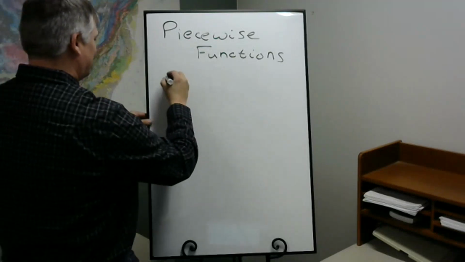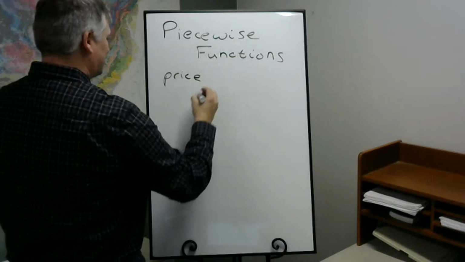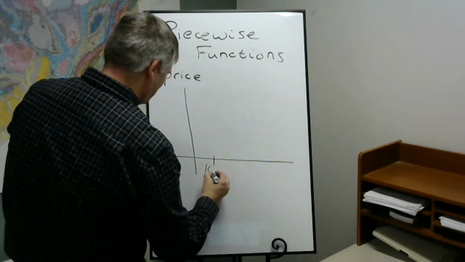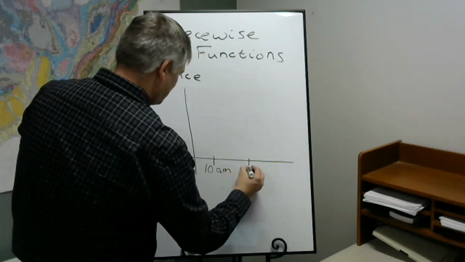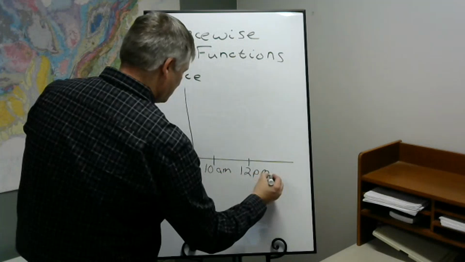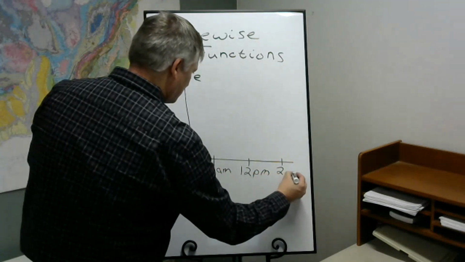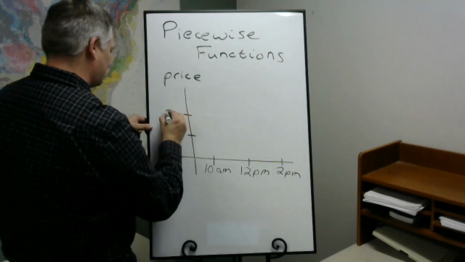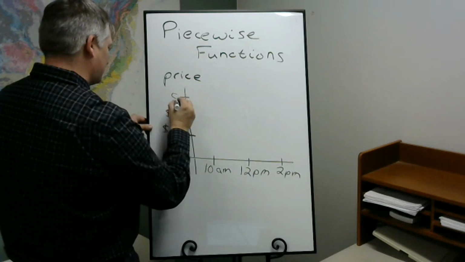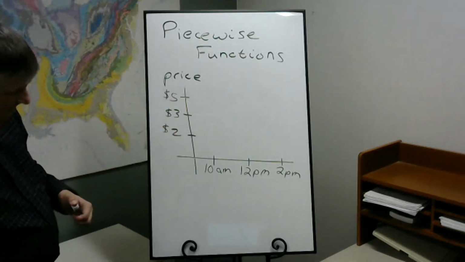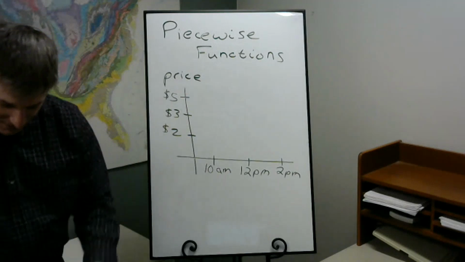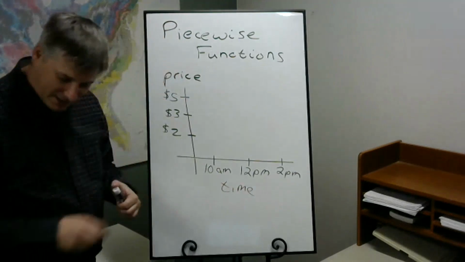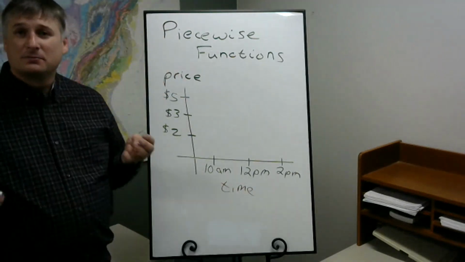Let's say you're looking at the price of a stock. Let's say this stock at 10 a.m. has a price of $2.